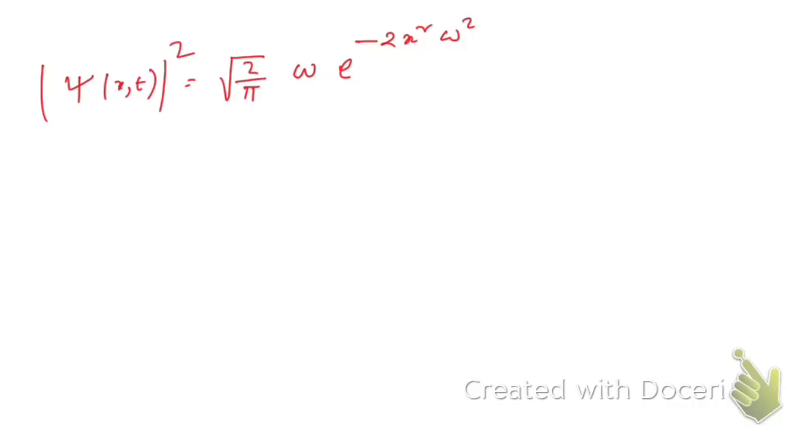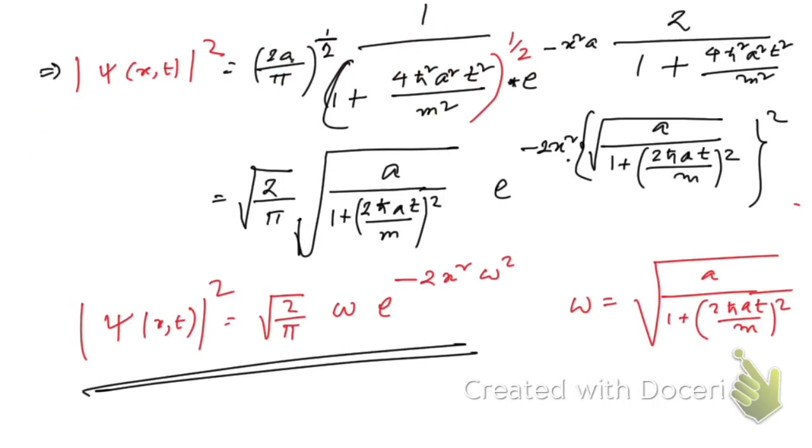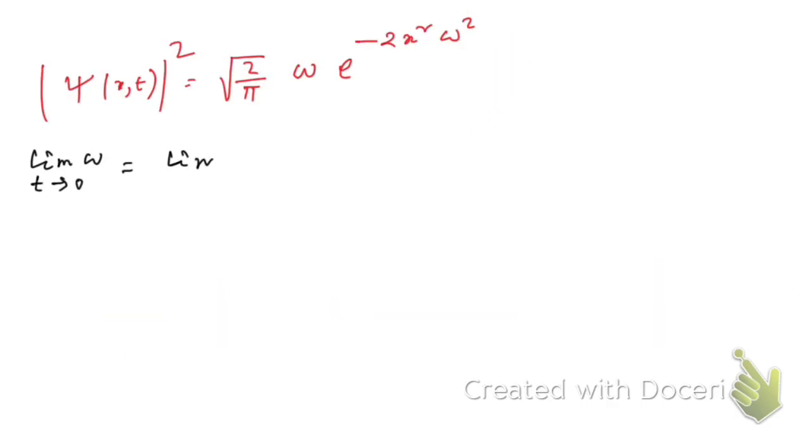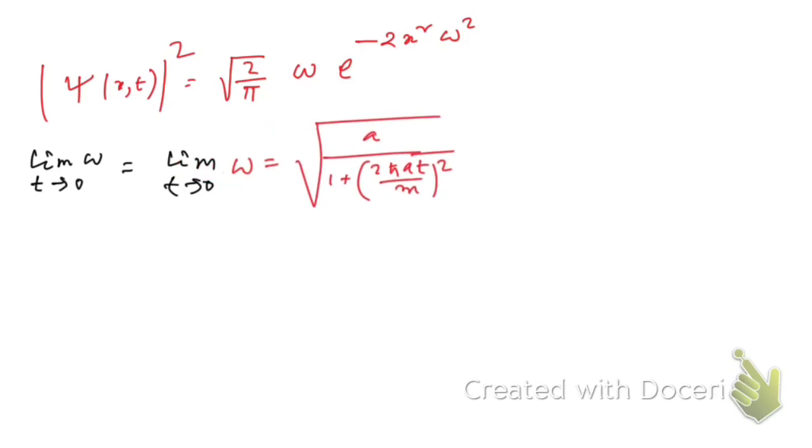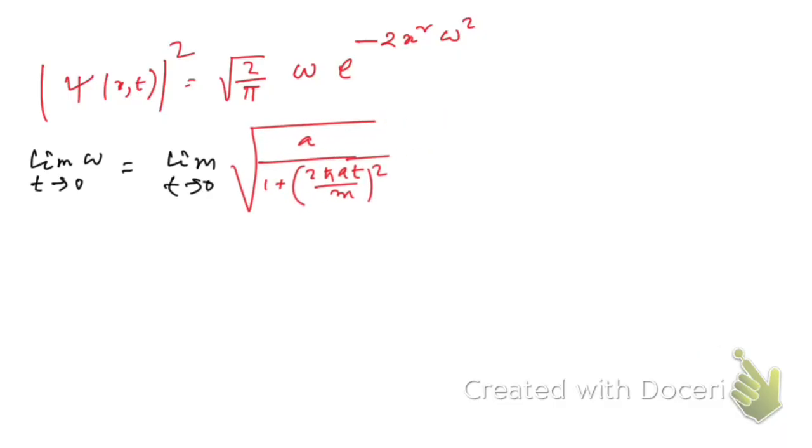Now if you find the limit of w as t tends to 0, so what was the term w? Let me copy that. Limit t tends to 0, w is nothing but this, right? So as t tends to 0, this term is gonna be 0, so here we're gonna have root over a.